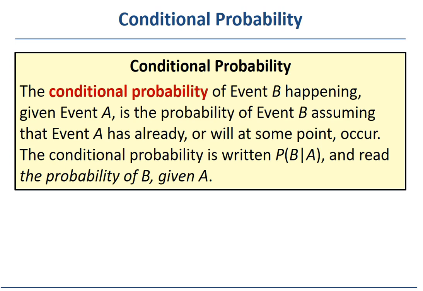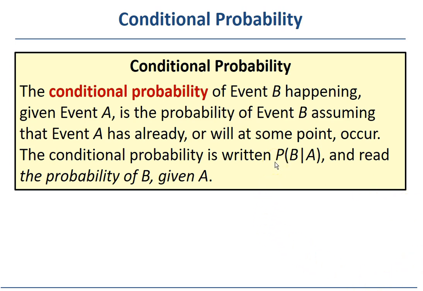Well, the probability of event B happening given event A is the probability of event B, assuming that event A has already or will at some point occur. Again, you may have to pause and read this again. And it's written, this is the key point here.